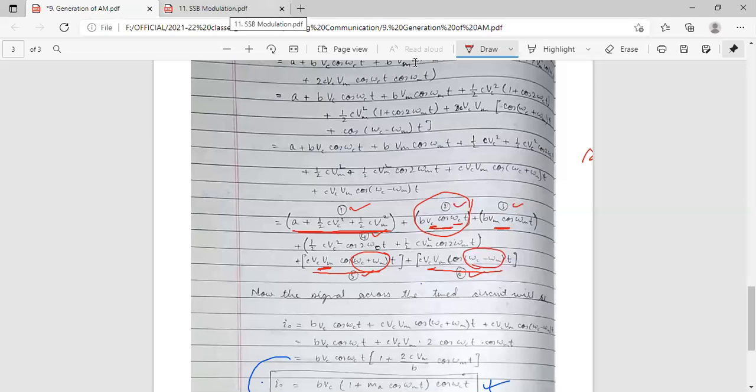So in that way, we are interested with only a single sideband. Okay, so in this way, we now have to study single sideband modulation.